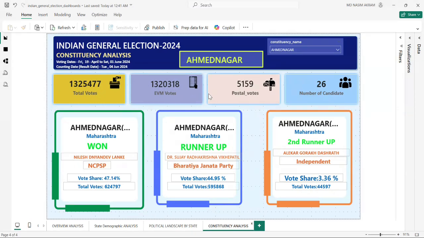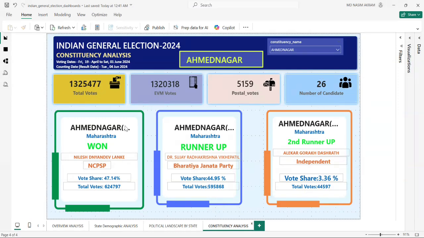And then second we have the postal votes, which is another important KPI. The last KPI is how many candidates were contesting from that constituency. More specifically it is Ahmednagar, and there were 26 candidates fighting in that constituency.